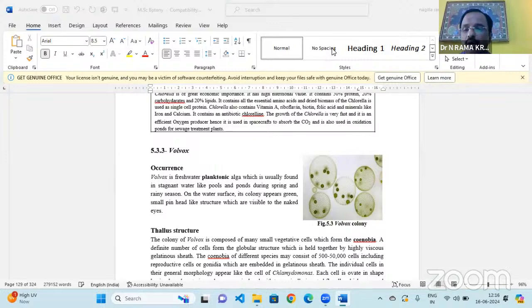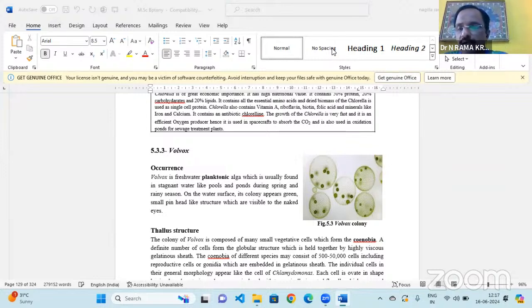Next one is the contractile vacuoles. Already we are looking at the blepharoplast and flagella also. Two flagella arise from two separate basal granules.